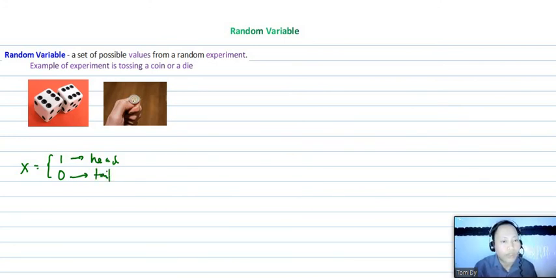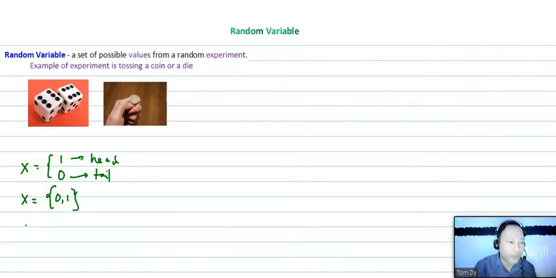So when we toss a coin, we can have 1 0. Thus, when we write our random variable, we have x is equal to the set of values, let's say 0 1.